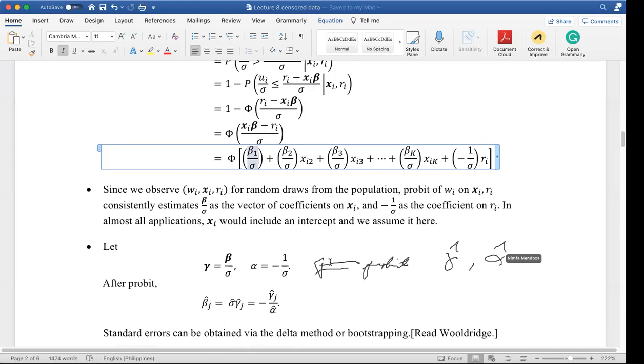But of interest are the betas. So from this equation, we have beta is equal to sigma gamma. If we're looking at the Jth coefficient, we get this.